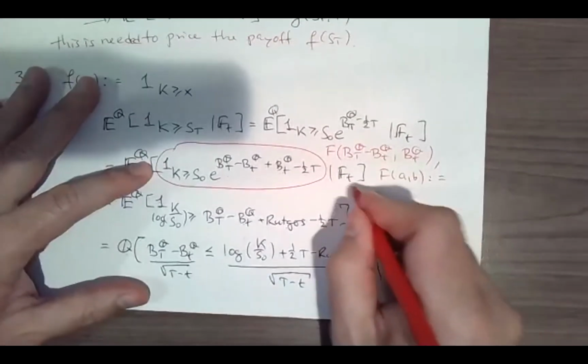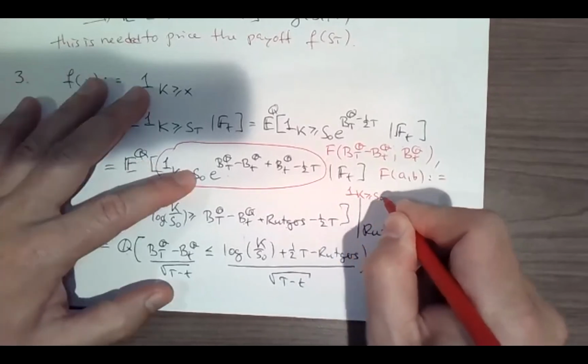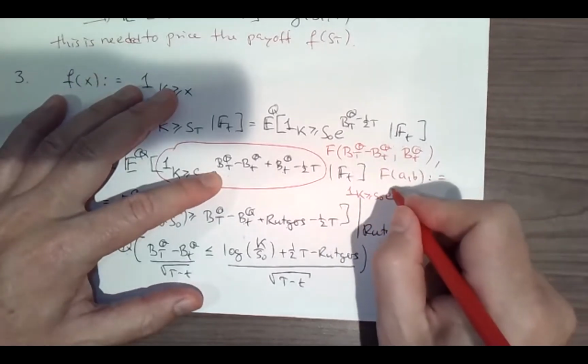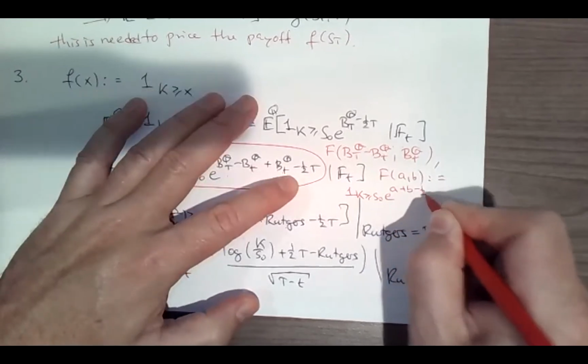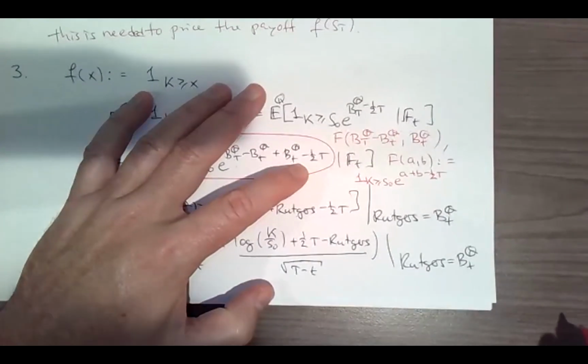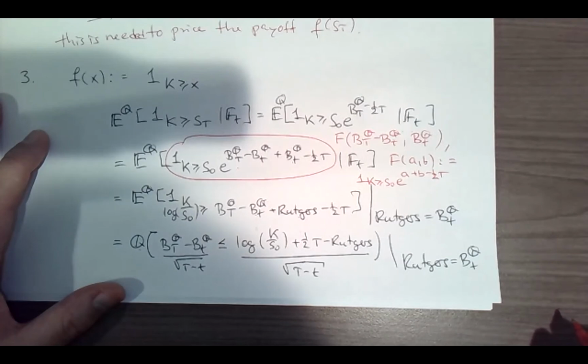It's this indicator, K bigger than S_0, e to the, and then A is what? A up there plus b minus 1/2 t. Okay. I think I got you. Yeah, I just wasn't seeing it as a function of the variable, but now I got you.